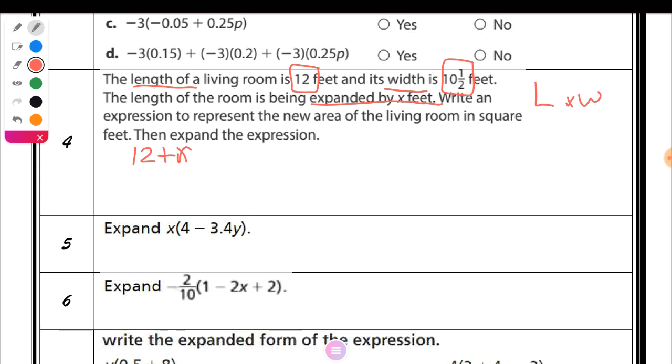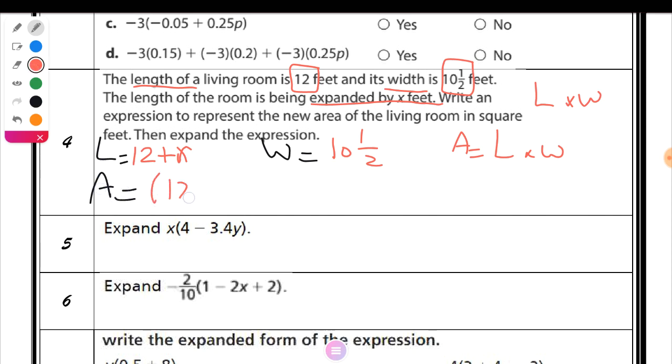Expanded means I will add to the length x, so it will become 12 plus x. Write an expression to represent the new area of the living room. So now I have length equal this number and width equal 10 and a half. Area equal length multiply width, so it will become A equal length 12 plus x multiply width 10 and a half.